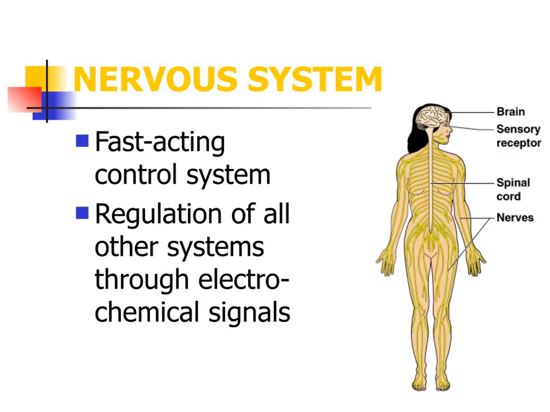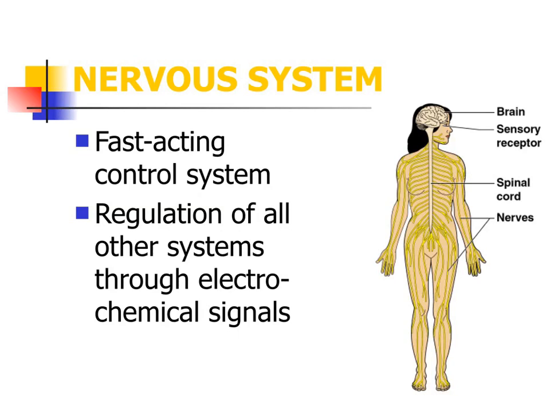The nervous system is called the fast-acting control system because its reaction time is very, very small. The time it takes for the brain to think of an idea or a command, and for that information to reach its target organ to carry out some kind of action, is a split second.